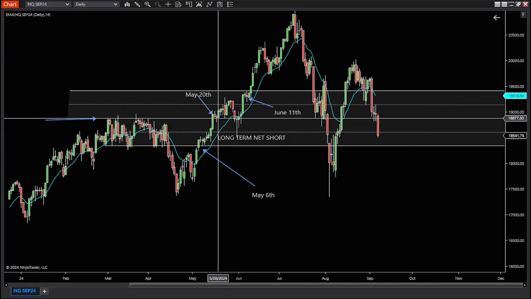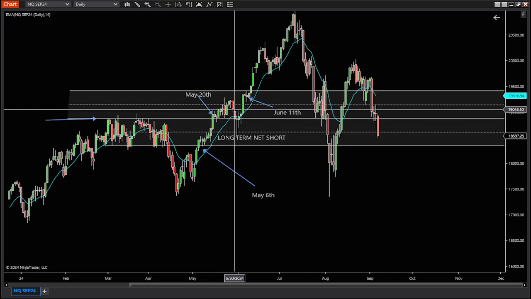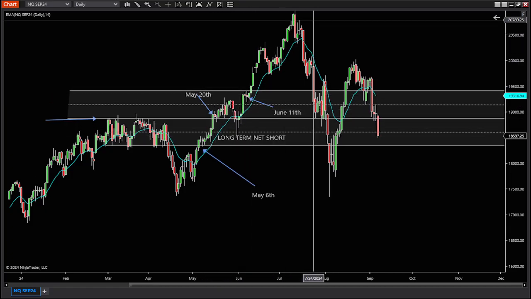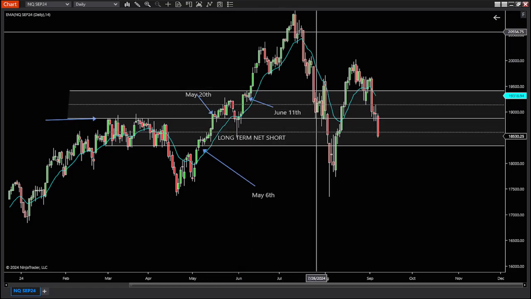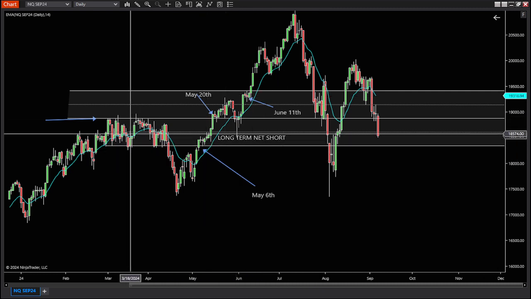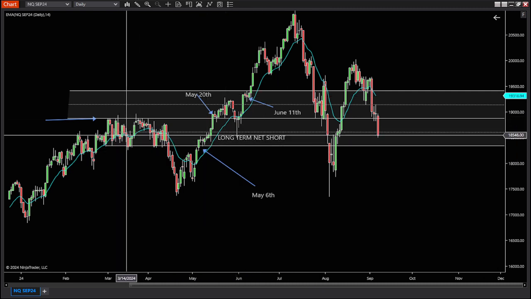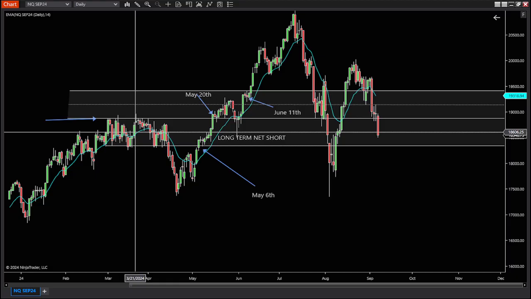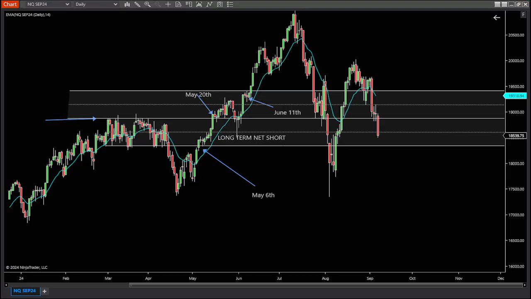Some funds are sitting there going long and making money as price goes higher. But the ones that truly move the market, the ones that are accumulating a position and then adding into that position and finally moving the market, they're net short. The numbers don't lie. The numbers are right there.